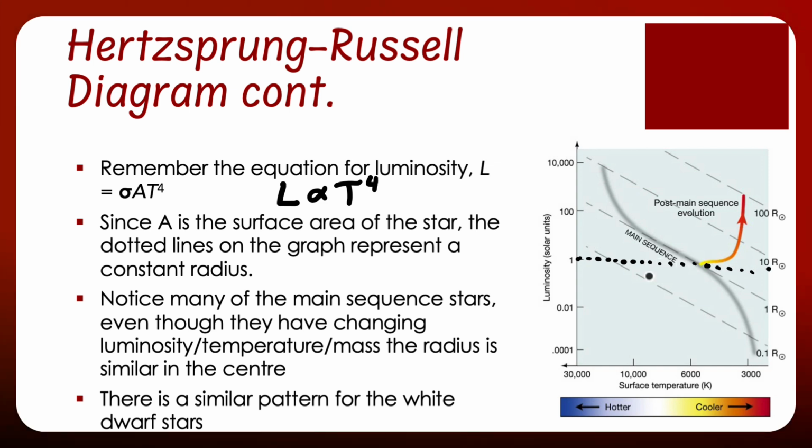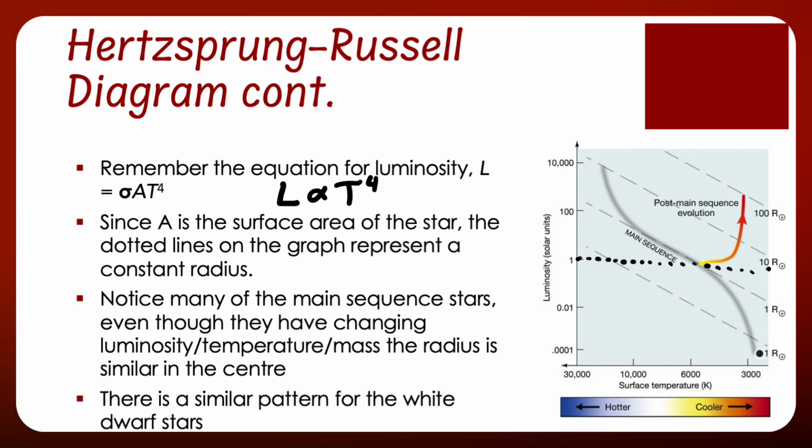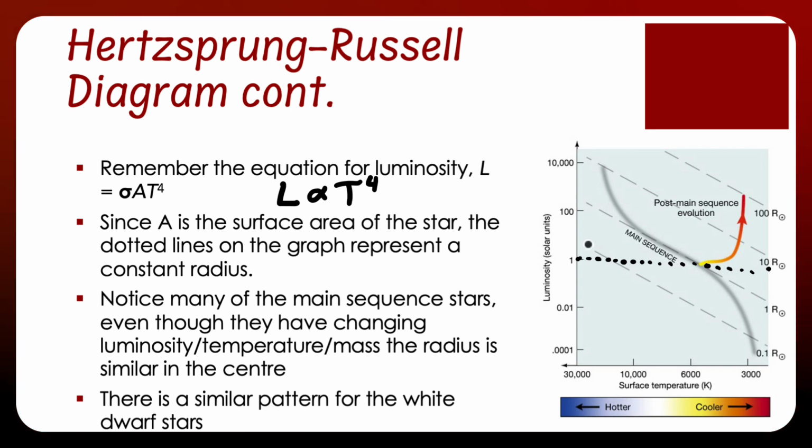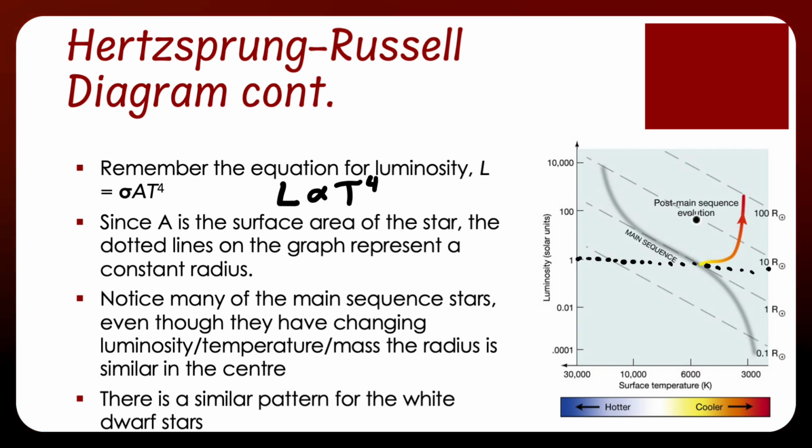I have this dotted line here, and all along this dotted line all of the stars would correspond to 0.1 times the radius of our sun, the circle with the dot in the middle being the sun. So we end up getting a straight line corresponding to stars that all have the same radius. And this one radius of the sun is all those stars that have the same radius as our sun, which means I can do this.